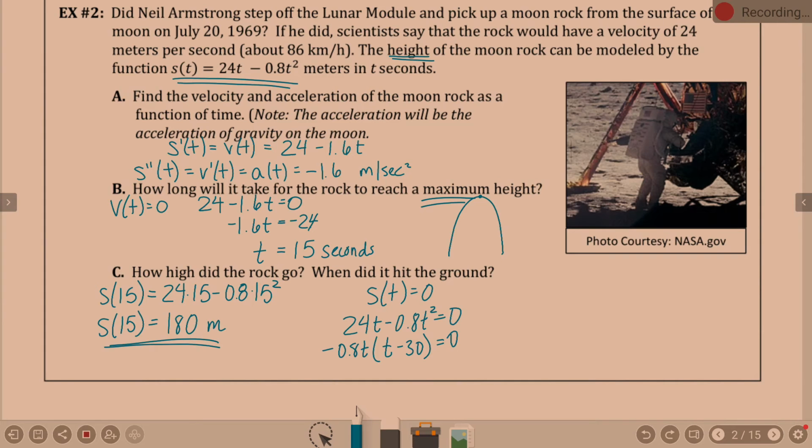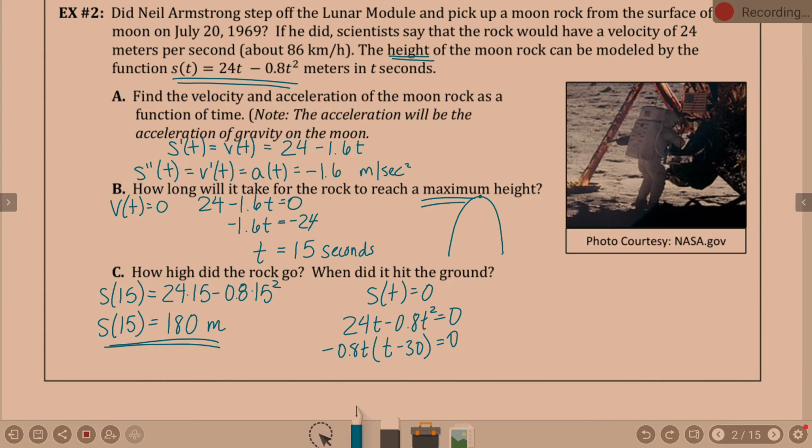No, because I factored out a negative 8/10 t. That way I can make this t positive. So if it's negative 8/10 t squared and I factor out negative 8/10 t, we're left with t. If it's 24t, I divide by negative 8/10 t, it's negative 30.